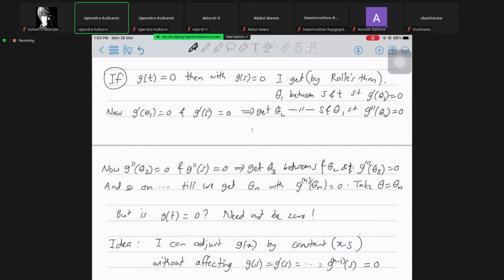Because its second derivative is going to be a constant. So this is the thing: a constant times x minus s to the power of m. And now you see, with this constant times x minus s to the power of m, I can make this quantity have any value that I like at any number by adjusting the constant, correct?